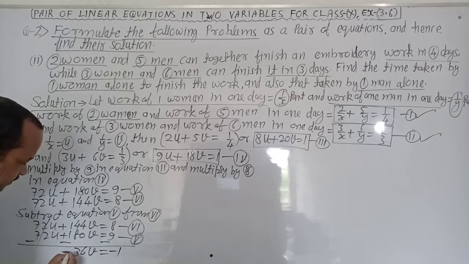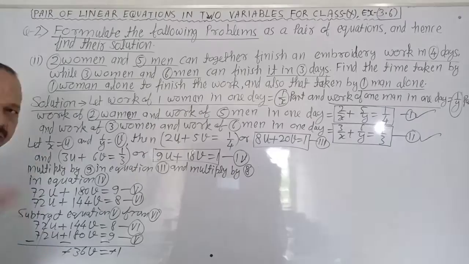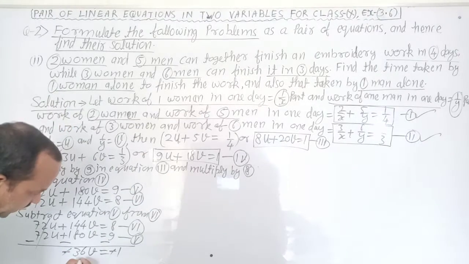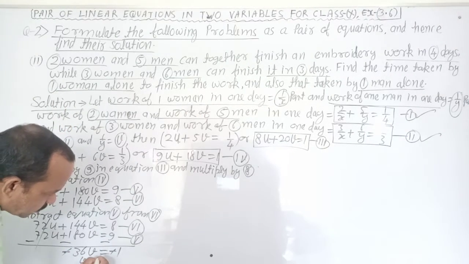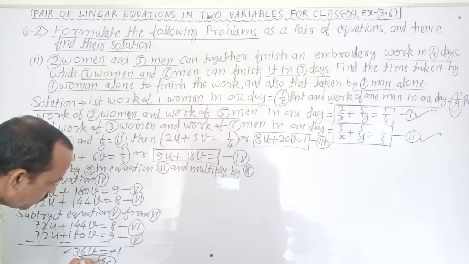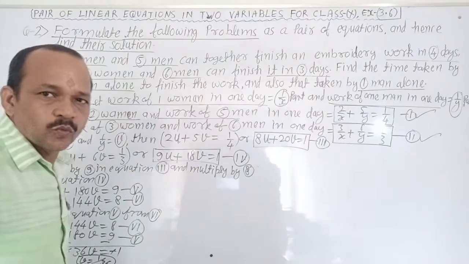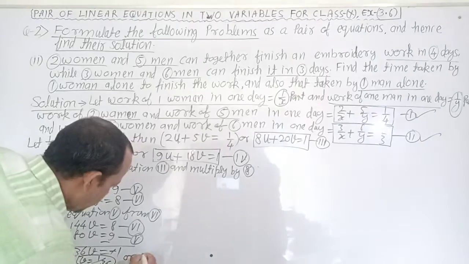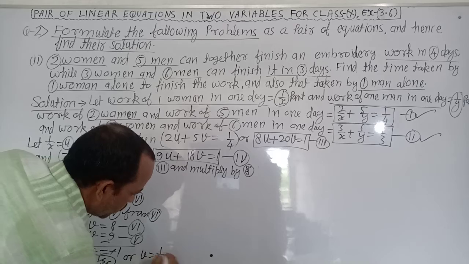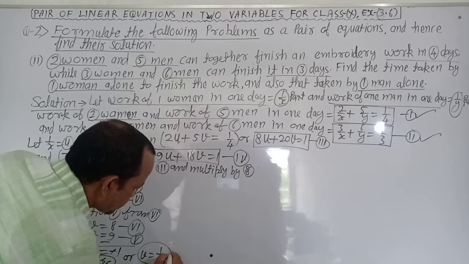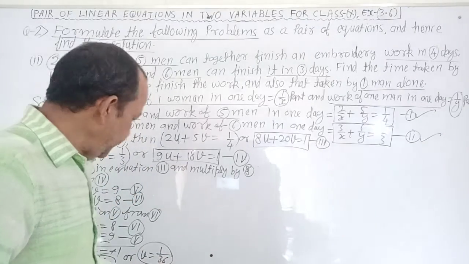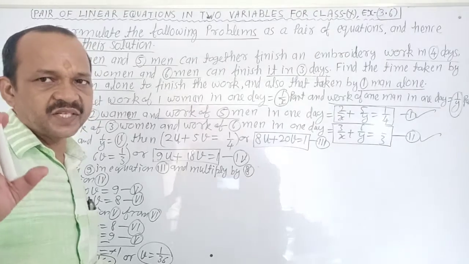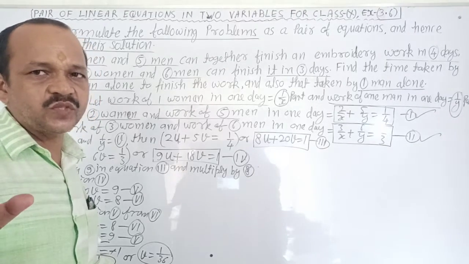You can cut minus and minus. Clear? You find v equal to 1 by 36. Clear? No confusion about it?